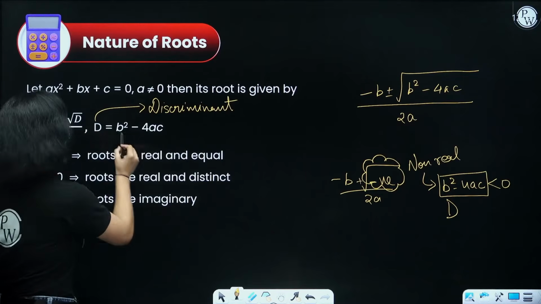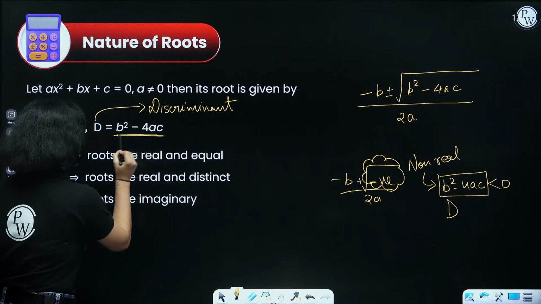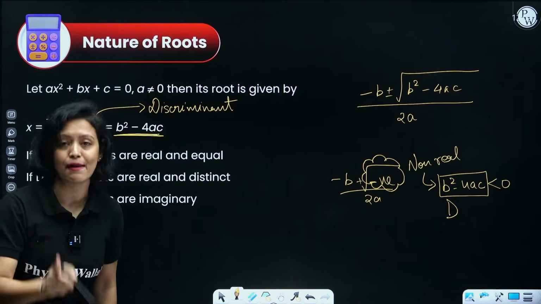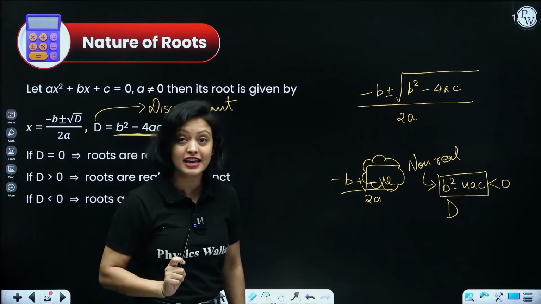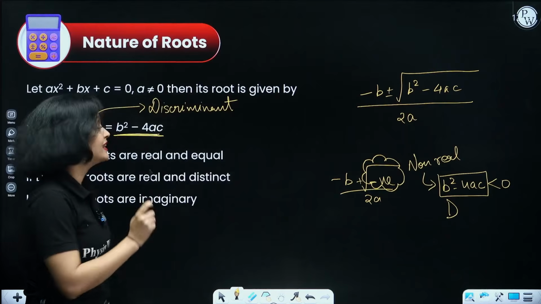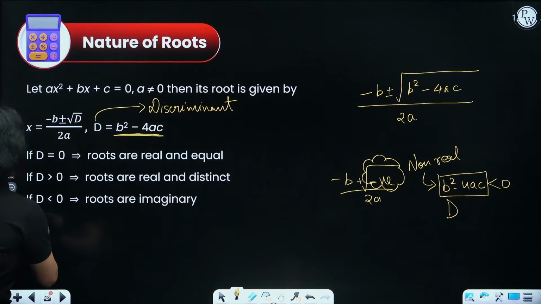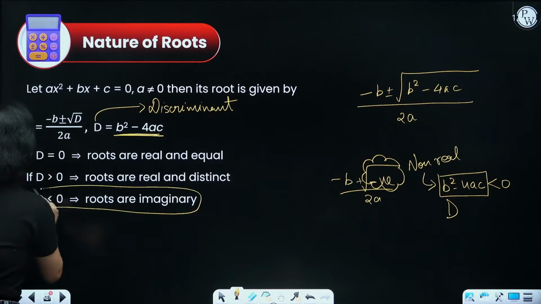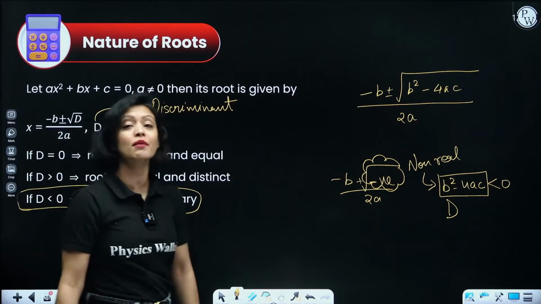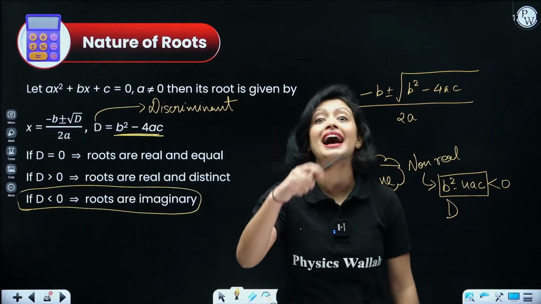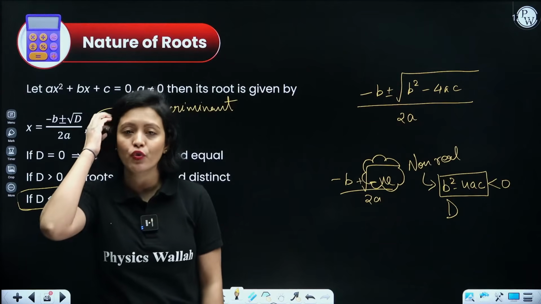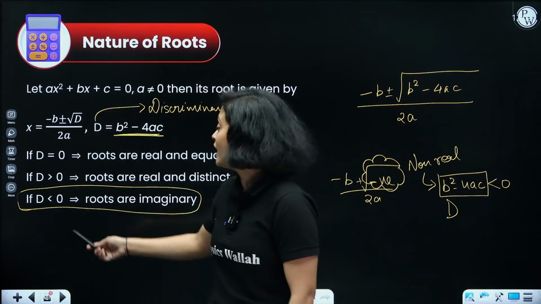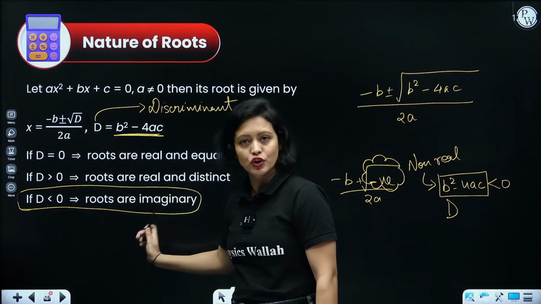Discriminant is b square minus 4ac, denoted by capital D. If b square minus 4ac is less than 0, then that means that there will be no real roots. And no real roots means the roots would be imaginary, guys. You'll be learning about imaginary numbers, so don't worry about that. But for now, you should remember that for D less than 0, the roots are imaginary.